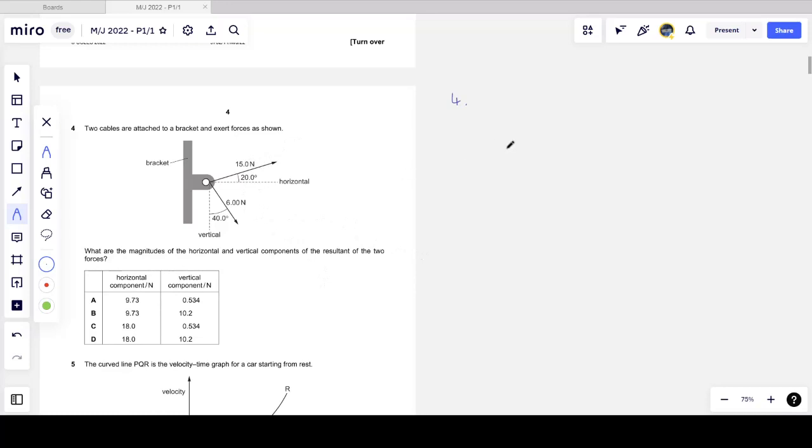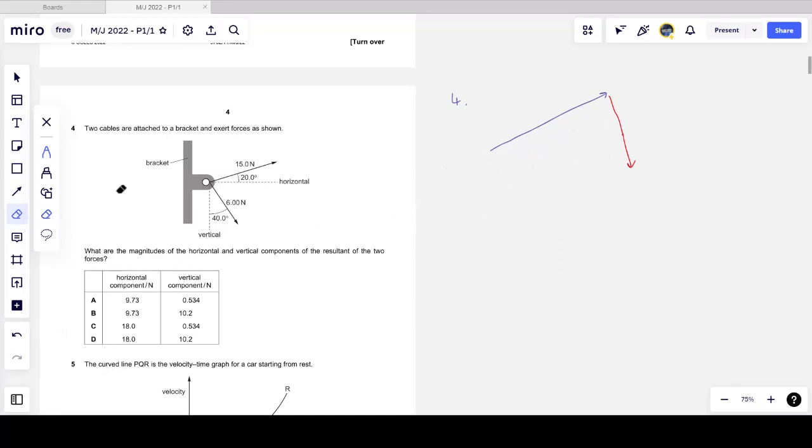So what I will do is draw them head to tail. So I'm going to draw the 15 Newton force in that direction, and then maybe with a different color, draw the 6 Newton force. Now I'm not drawing it to scale because I'm not going to be using a ruler to find the resultant. I'm going to do it mathematically.